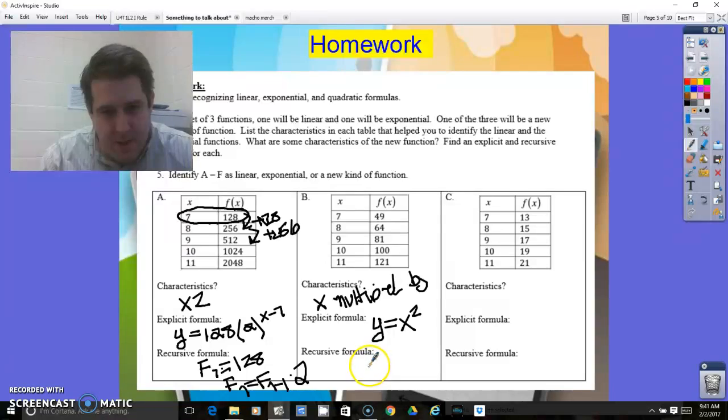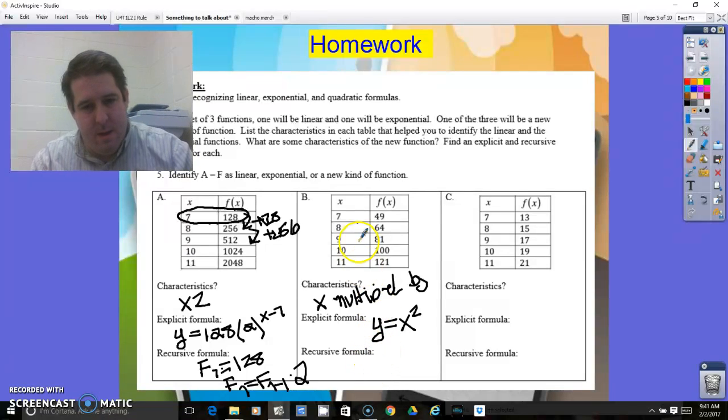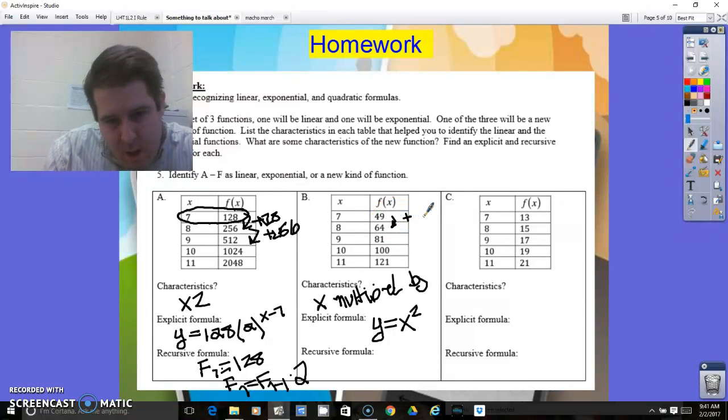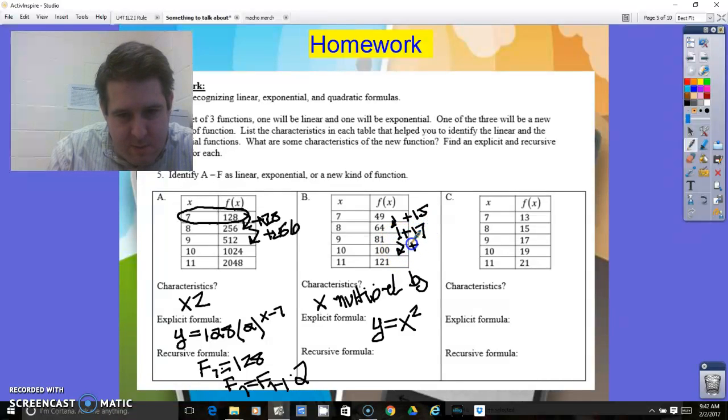And the recursive formula, so the recursive formula is really the difference. It's the linear pattern between the x's and the differences. So it looks like I do need to find a difference. 49 to 64 is an increase of 15. And then 64 to 81 is an increase of 17. No calculator here. So that's an increase of 19.